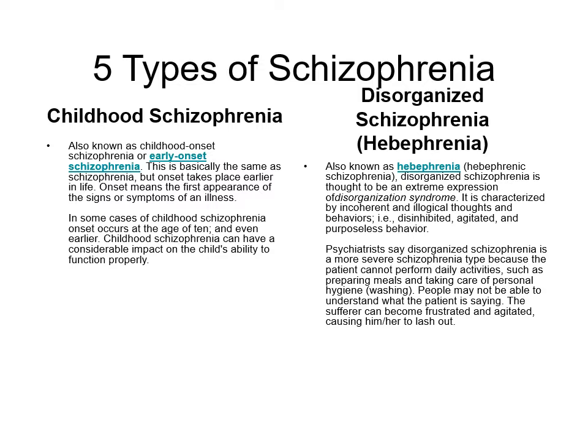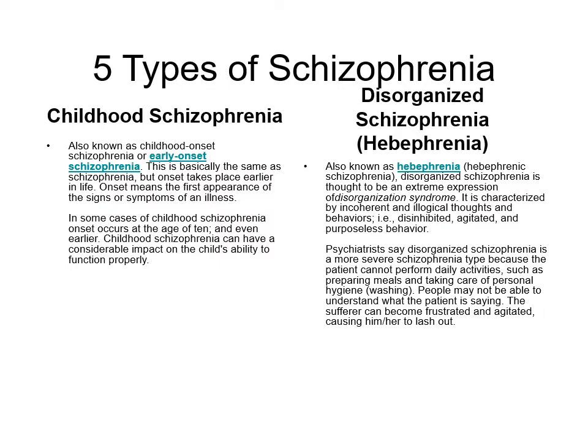All right, and then fourth, we have disorganized schizophrenia, which we also call hebephrenia. And this is really where you see extreme symptoms. It's that very incoherent or illogical behavior. This is where a person is very agitated, very disinhibited, with purposeless behavior.